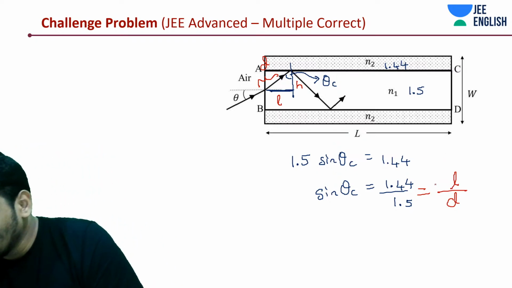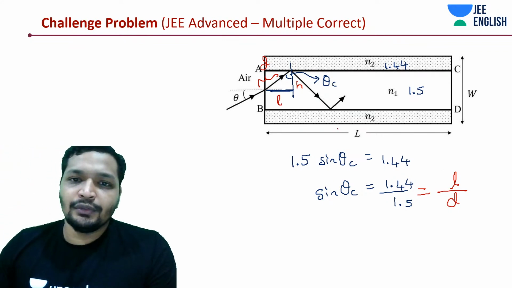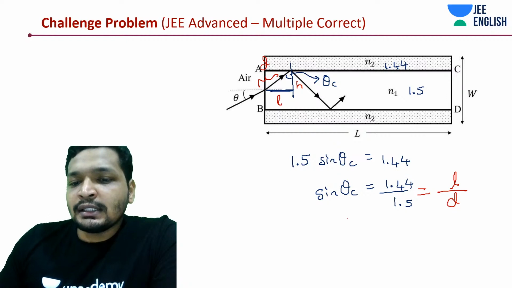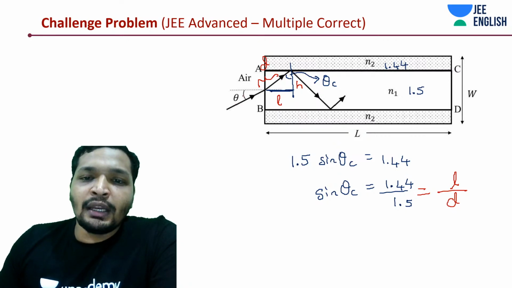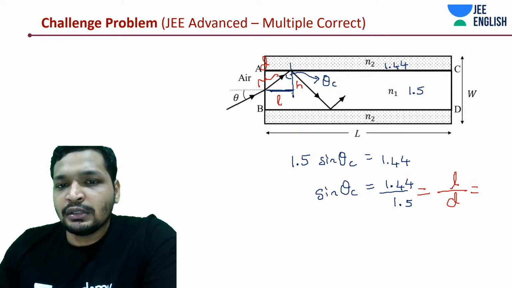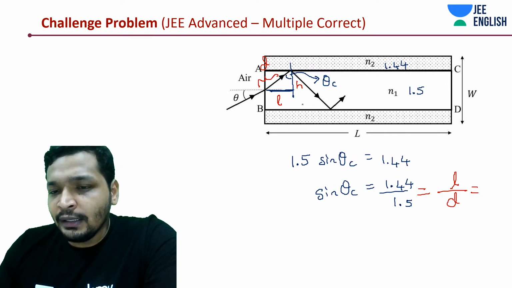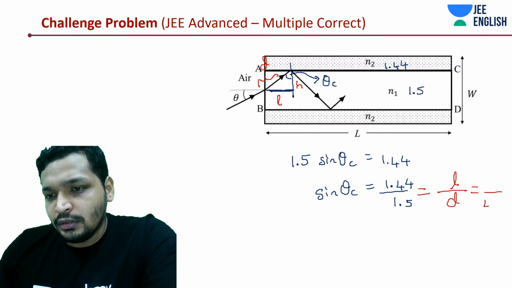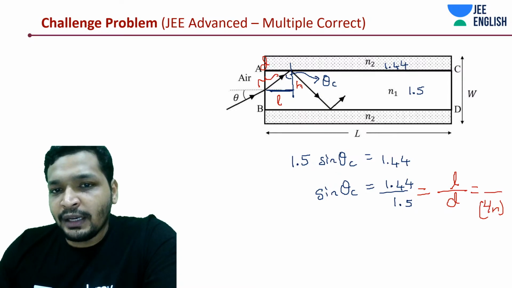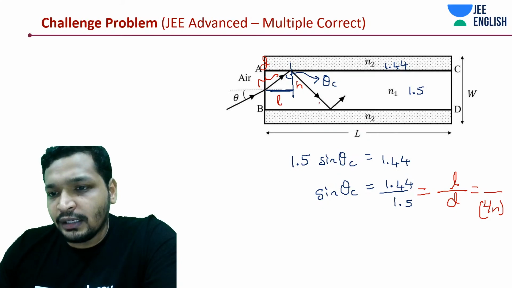All right, good. Now you can say this small length is divided by L by n, and the overall distance it's going to travel is d by n.